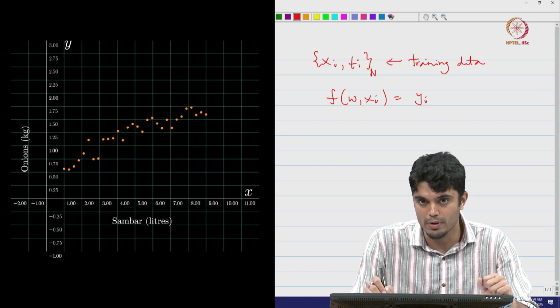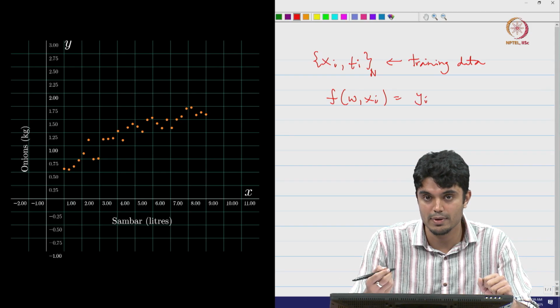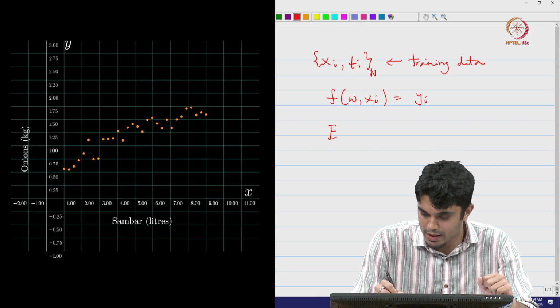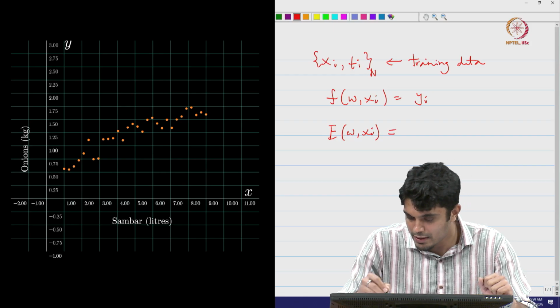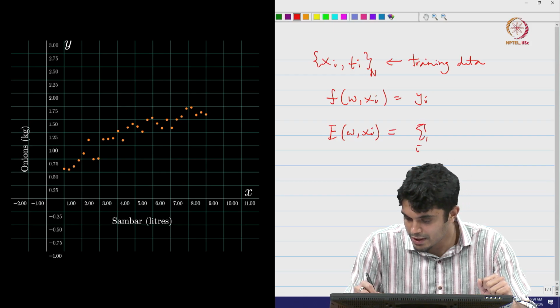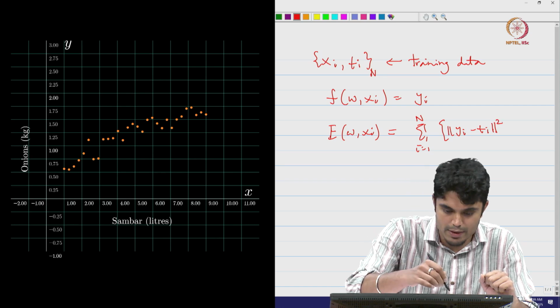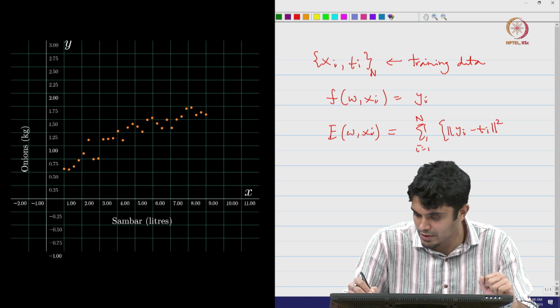You have come across the least squares cost function as well. If we look at the least squares cost function, E of omega would look like the summation i equal to 1 to N of y i minus t i, squared, right? This is the least squares cost function.